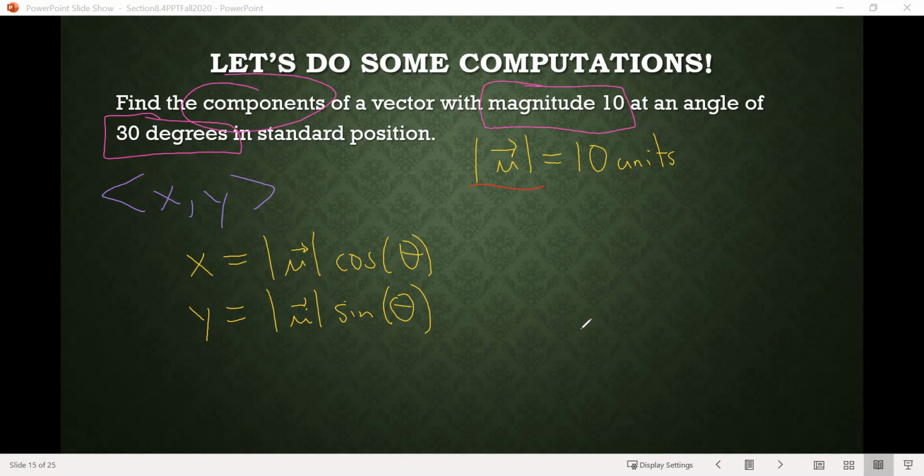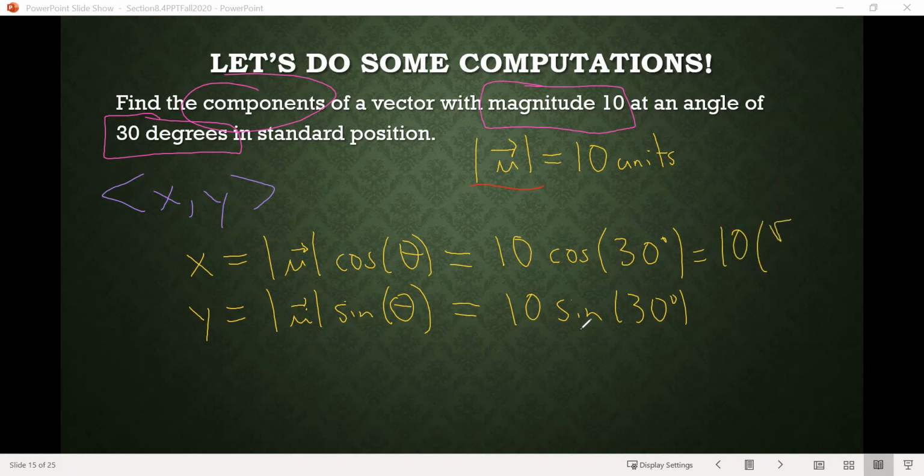So in this case, we'll just plug in the values we have. The magnitude is 10 times the cosine of the angle, which is 30 degrees, and the magnitude of u is 10 times the sine of 30 degrees. Cosine of 30 degrees is root 3 over 2, and sine of 30 degrees is 1/2.